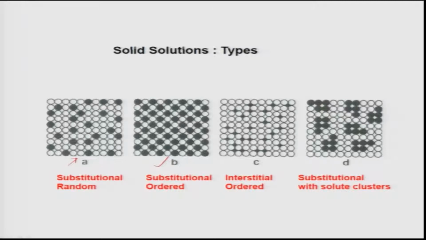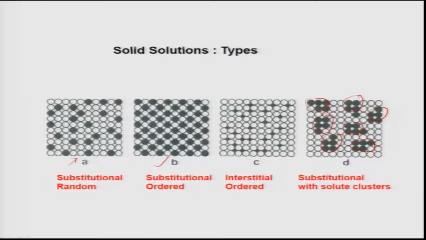Similarly, you can also have clusters in the substitutional solid solution. Cluster means that instead of black solute atoms sitting randomly in the lattice or at defined positions, they can be clustered around certain positions. Like you can see here, this is where it is clustered, and there are several other places where the atoms are clustered.